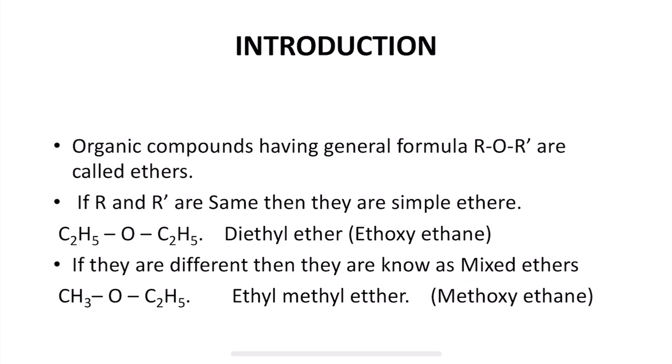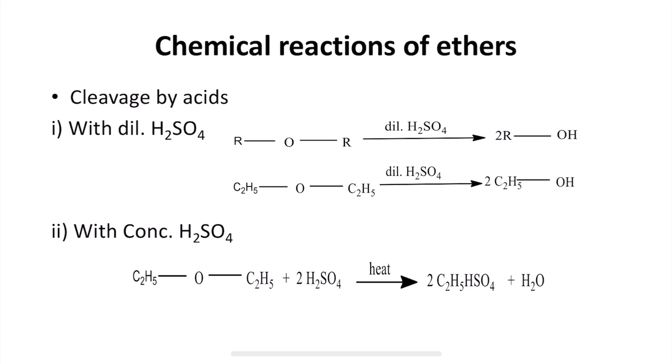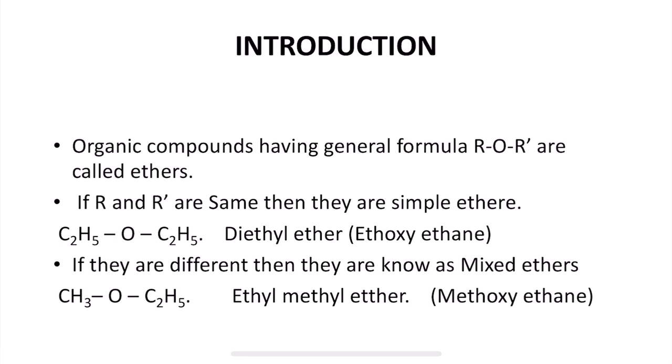So we write the names of the two alkyl groups bonded to oxygen as separate words in alphabetical order and add the word ether. In the IUPAC system, an ether is named as the alkoxy derivative of the parent hydrocarbon of the larger alkyl chain. Okay, so in this way we are going to do the nomenclature of ethers.